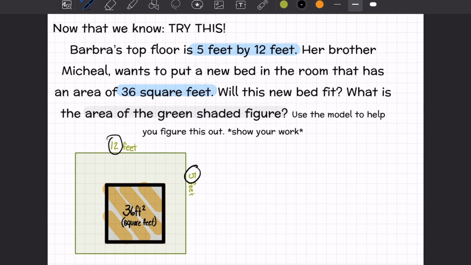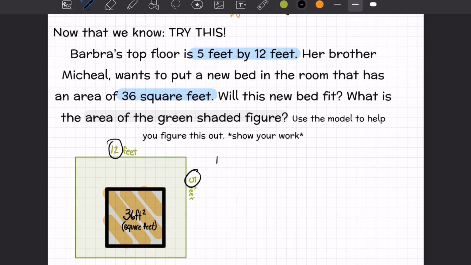So now we are saying if length times width equals the area of a rectangle and square, I'll add, then I always have them answer in an if-then statement because it helps me see if they are applying their knowledge. Then 12 times 5 will give us the area.